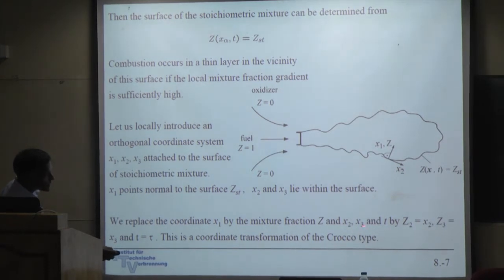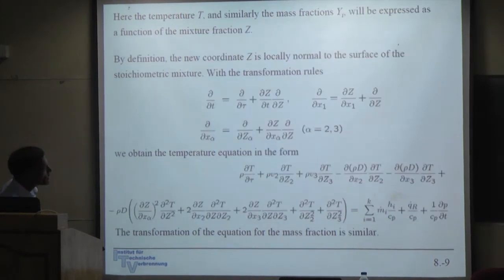This is the coordinate transformation here. Z2 is actually equal to X2, Z3 is X3, and t equals tau. So these are some details of how the coordinate transformation could be made. If you make the coordinate transformation, this is the equation that results for temperature.